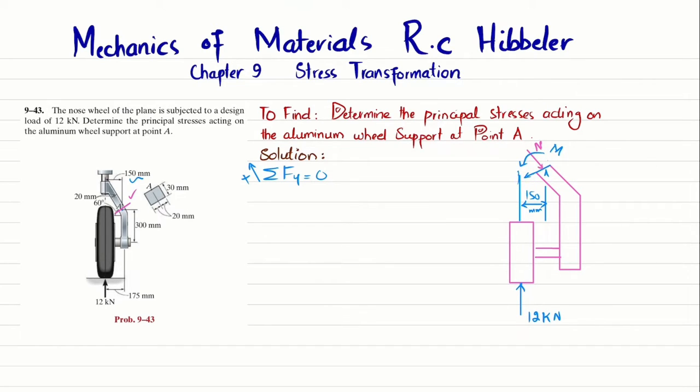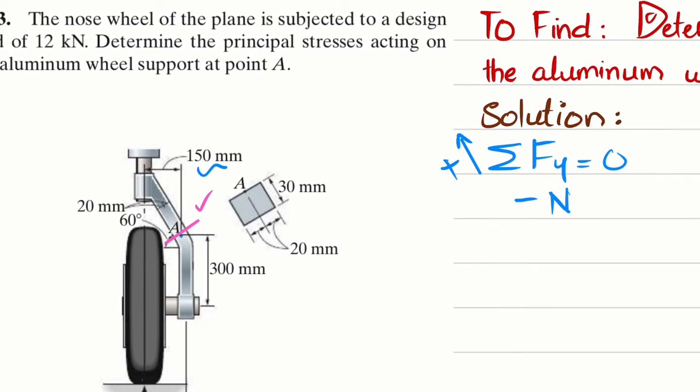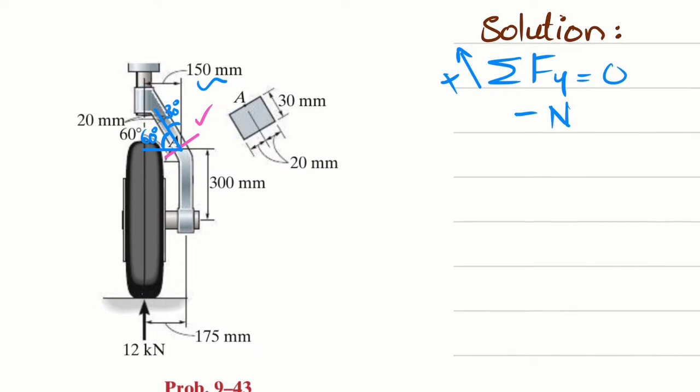Okay, so now you can see that this force N is acting opposite to that, so it will be minus N. And you can see from here that this is point A, and if you draw a horizontal line, this angle is 60 degree, so the remaining will be 30 degree. And if I draw a line parallel to this line, making 30 degree with this vertical line, it will be like this.